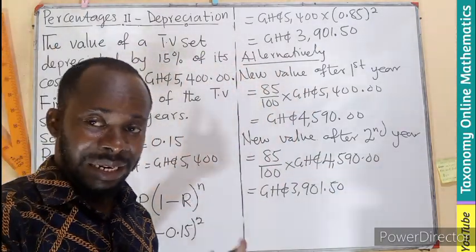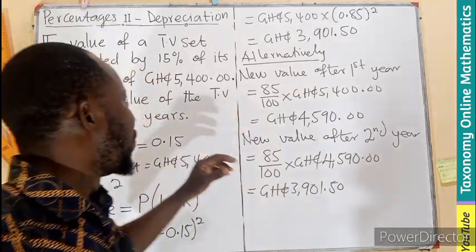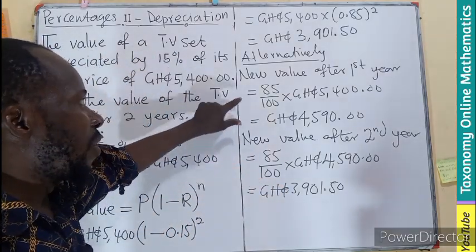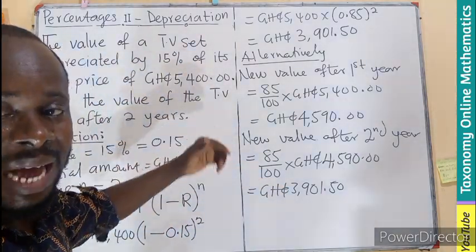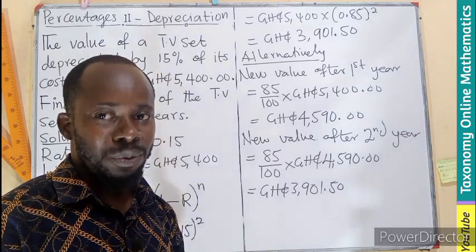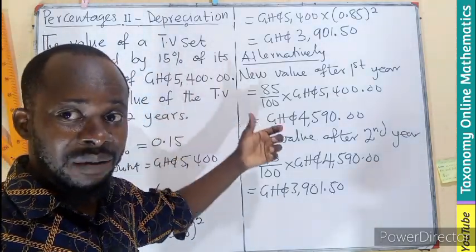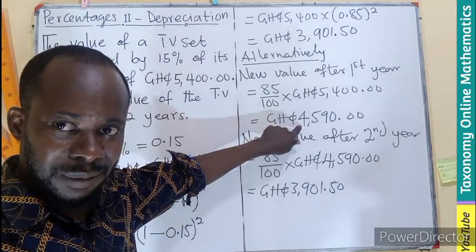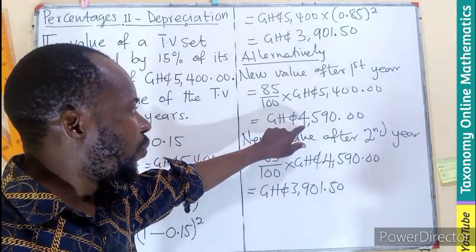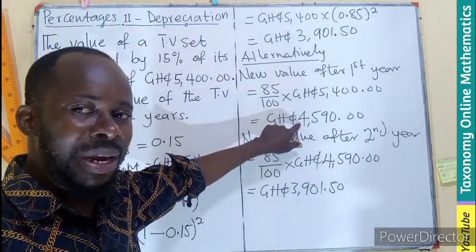This is not the only method. We have another method whereby we first find the 15% of the 5,400 as the depreciated value. Then we subtract it from the 5,400 to find this. Then we are now going to say that this becomes the new value.